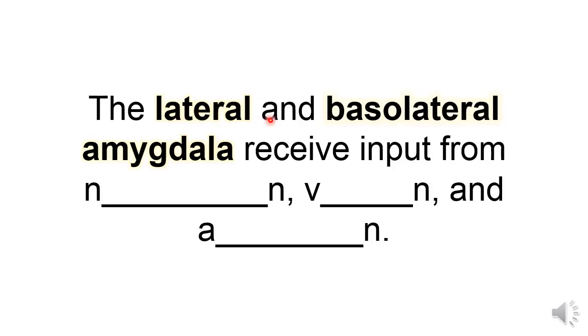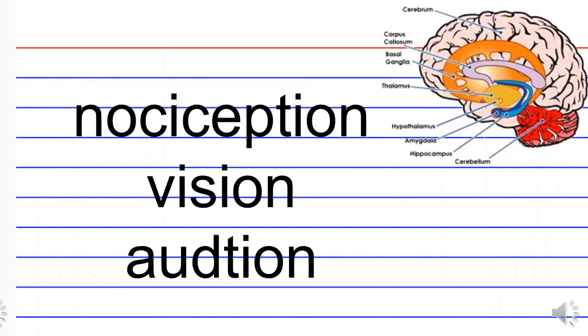The lateral and basolateral amygdala receive input from N blank N, V blank N, and A blank N. So what are the three inputs received by the amygdala? That would be nociception, vision, and audition, okay?